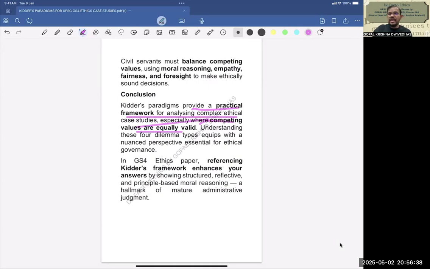Now, how can we use this in the GS Ethics Paper 4? Referencing Kidder's framework enhances your answer by showing structured, reflective, and principle-based reasoning. If you use Kidder's dilemma paradigm, definitely you are going to score better marks, because it shows that you are able to understand the issue and analyze the whole issue better.